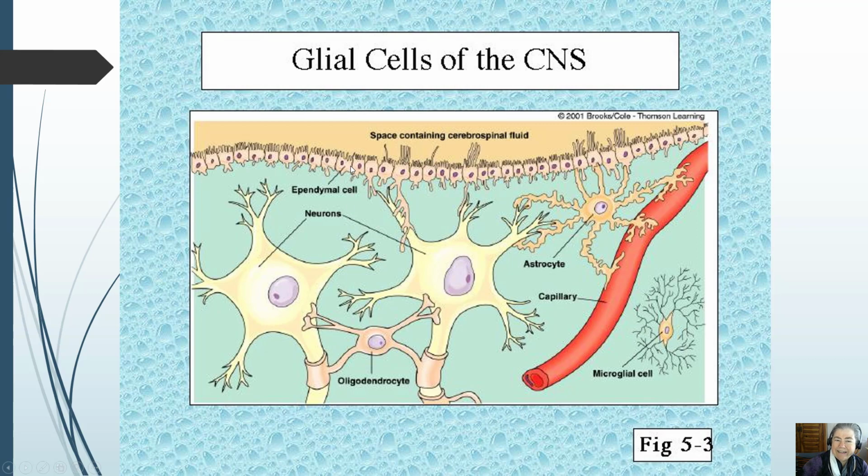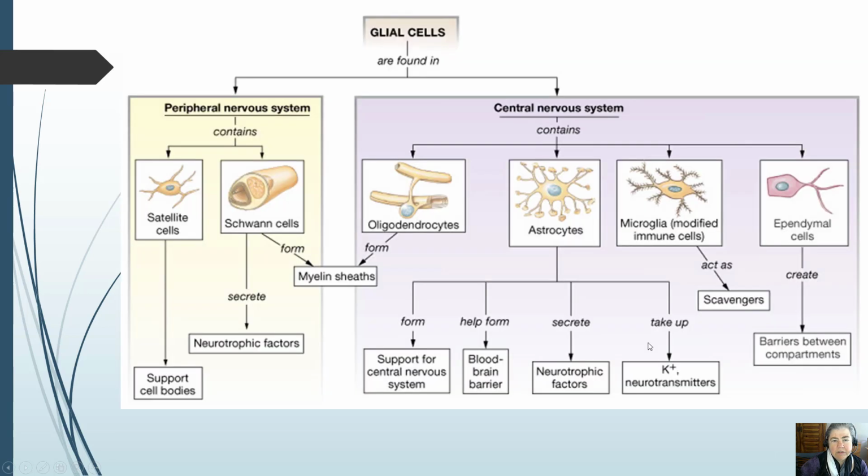Ependymal cells line the spaces that contain cerebrospinal fluid, and they circulate cerebrospinal fluid, and some of them actually make cerebrospinal fluid in certain places. And then microglial cells, which have immune functions.